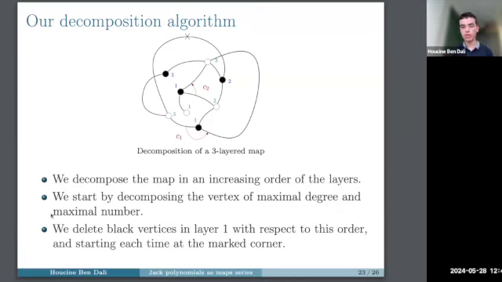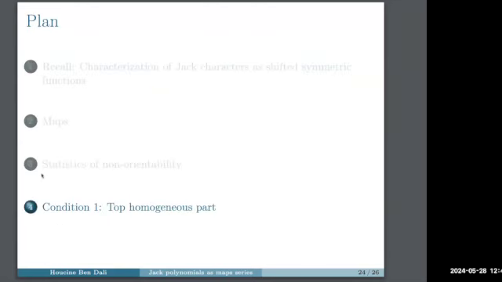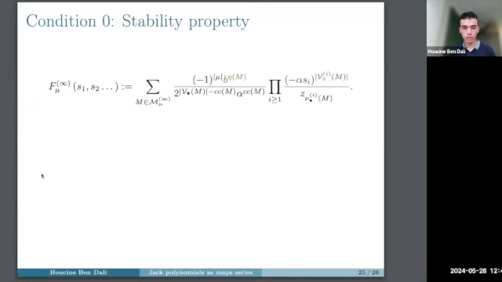So you can imagine, for example, if you have three vertices of degrees 1, 2, and 3, we can start by the vertex of degree 3, and then 1, and then 2. So the order on the vertices is not important. It's just a way to say that we have a canonical order to delete all black vertices following this cyclic orientation around them. Thank you. So this gives this definition of statistics of non-orientability, which is in green here.